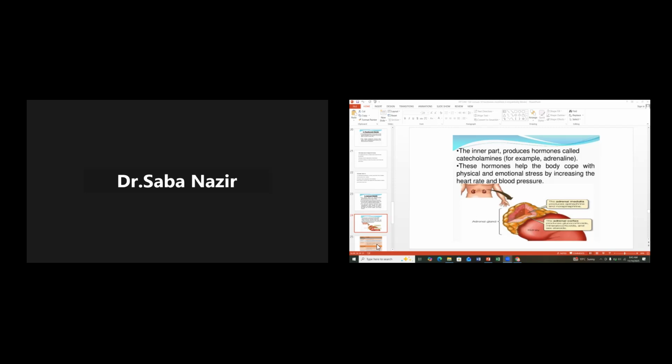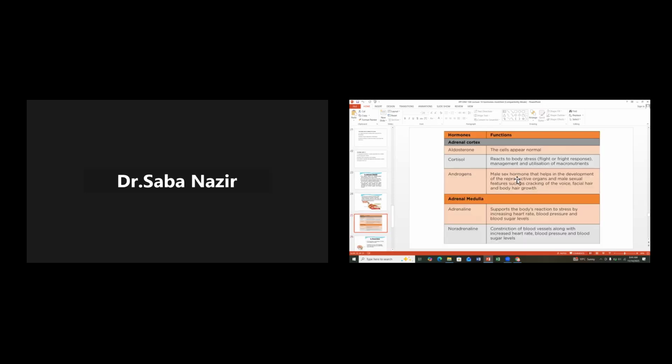Okay, now I have shown you the structure of the adrenal gland, and now we are going to see the slide where we are going to see the distribution of different secretions produced from the adrenal gland. The adrenal cortex is responsible for the production of an important hormone that is aldosterone.